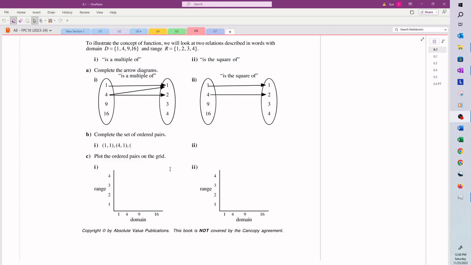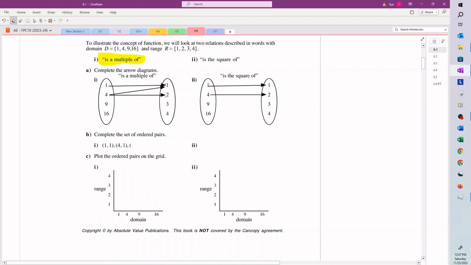So the first one we're going to do is this one. I apologize about my pens, but they're slower on this computer. Anyway, we're going to talk about the relation "is a multiple of." 1 is a multiple of 1. That's what that arrow means.